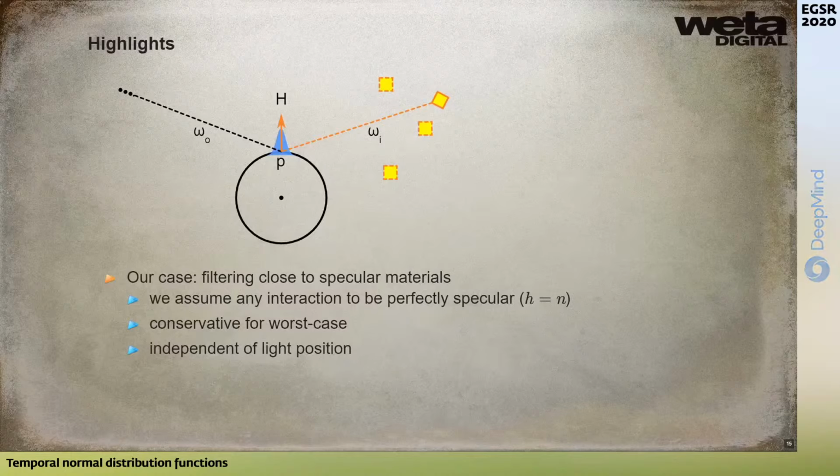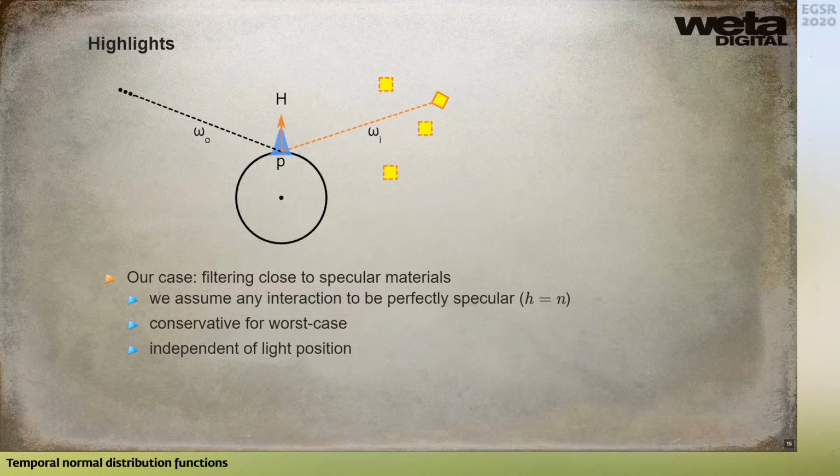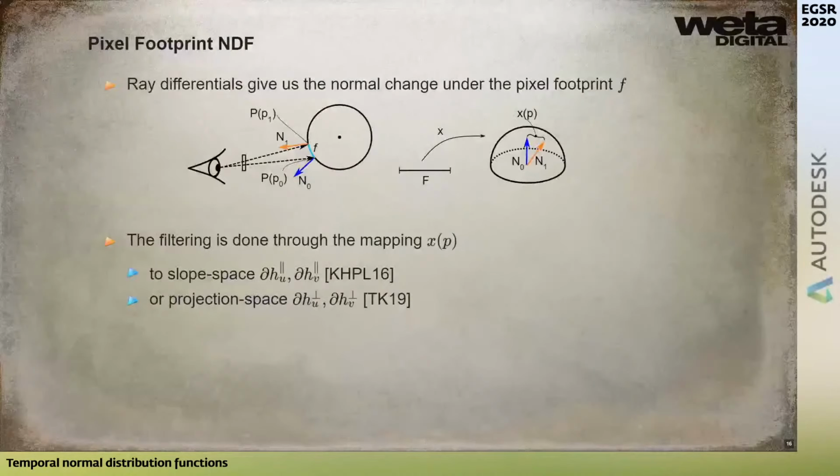In turn, we can assume that the half vector is equal to the normal, which lets us be independent from any light sampling technique, especially when light sources are not known in advance or specific sets of techniques are used only when explicitly needed. Our next step starts from the camera.